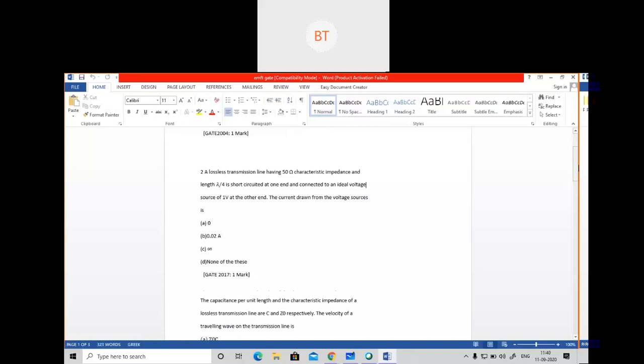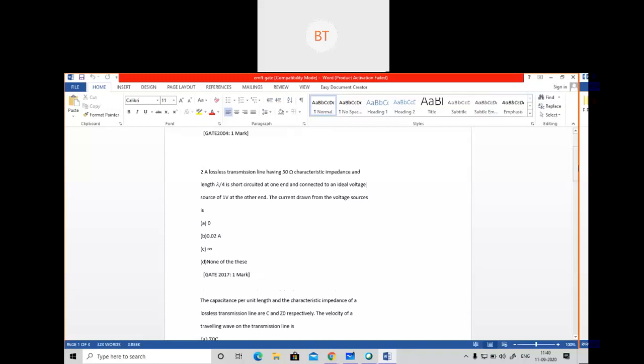You are telling correct. And then after that, how will we calculate the current? If you have calculated Zin, then please tell me the options. Vs by Zin. Very good, very good. This is Ritika. Ritika, tell me the answer.